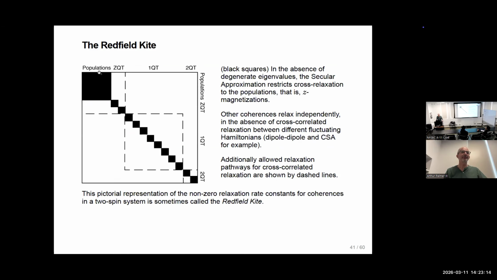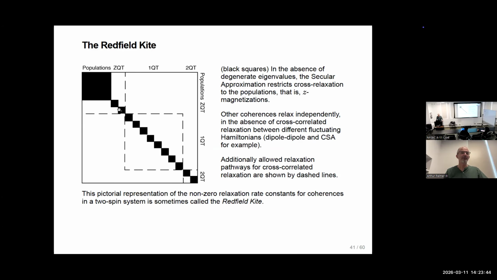So for two spins, we have the populations, the Z operators, we have 0 quantum, 1 quantum, double quantum. And in principle, we have a relaxation rate everywhere here. The restriction that Q and Q prime have to be the same says we won't have cross relaxation between 1 quantum and 2 quantum, for example, so those are all null.